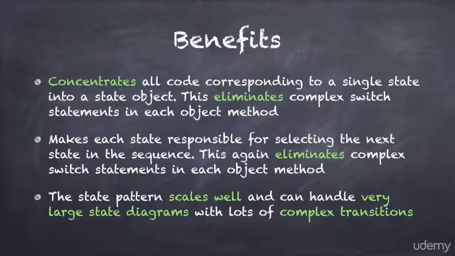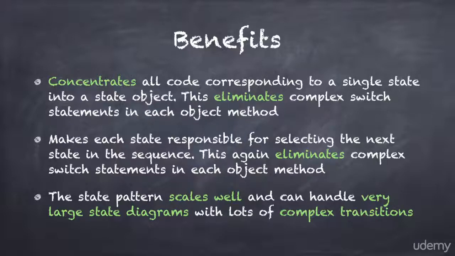So, we've talked about the benefits of the state pattern. The pattern concentrates all code corresponding to a single state into one state object. This eliminates all complex switch statements that you would need if you do not use this pattern. The pattern also makes each state responsible for selecting the next state in the sequence.